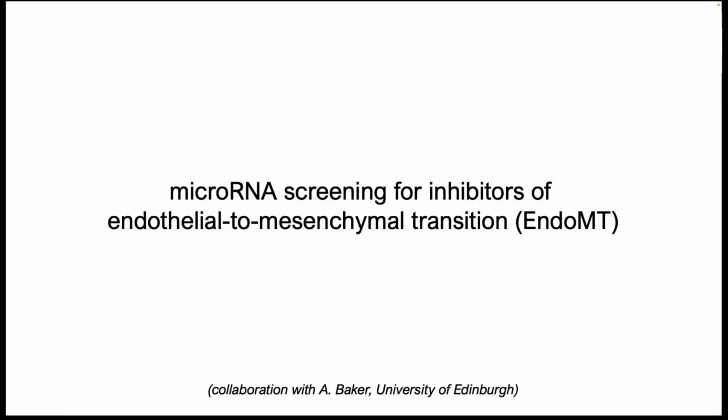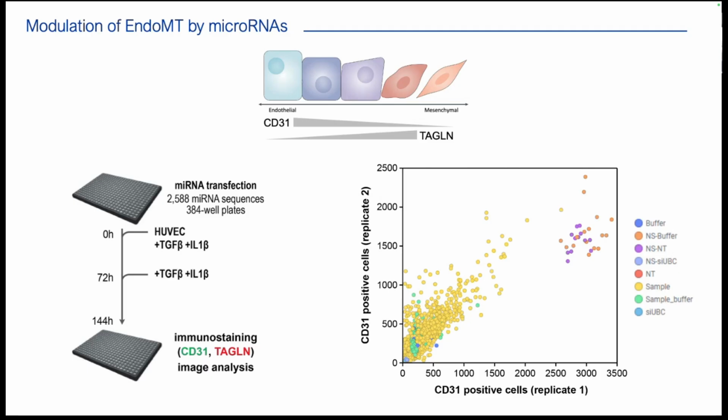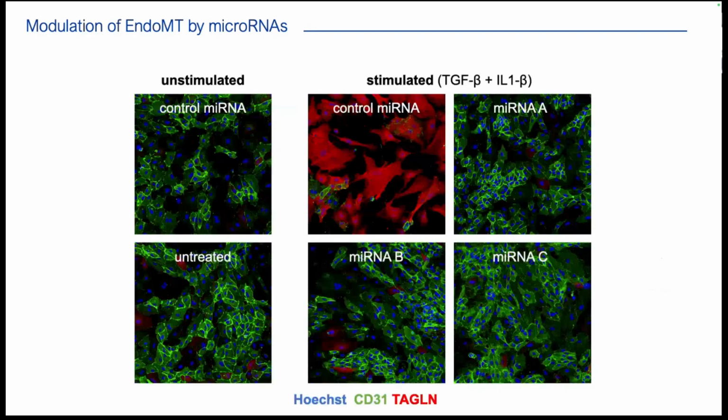Another example, in collaboration with Andy Baker at Edinburgh, looked at microRNAs controlling endothelial to mesenchymal transition. Here we use HUVEC cells stimulated to undergo EndMT. The screening was by microscopy again, using 2 specific markers, one of endothelial cells, the other of mesenchymal cells.